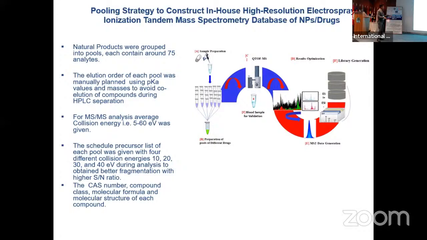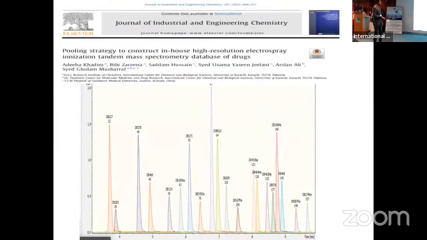With the help of this, we recorded the spectra at various collision energies. You can see the average collision energy, in addition to 10, 20, 30, 40, in order to make it reproducible and more widely applicable to a variety of data obtained from various instruments.